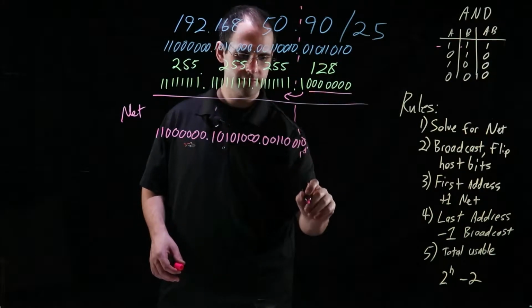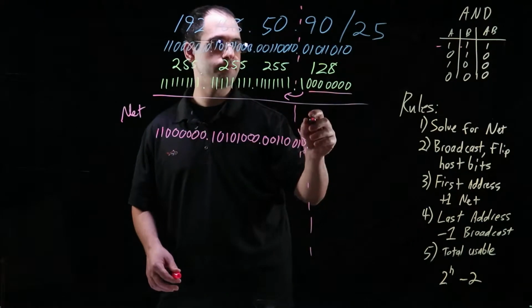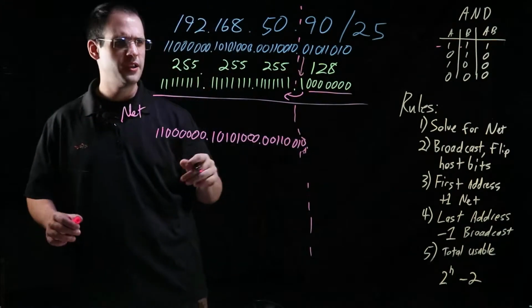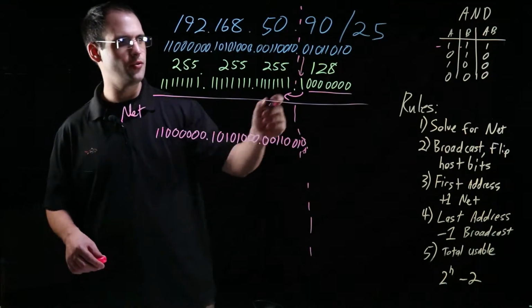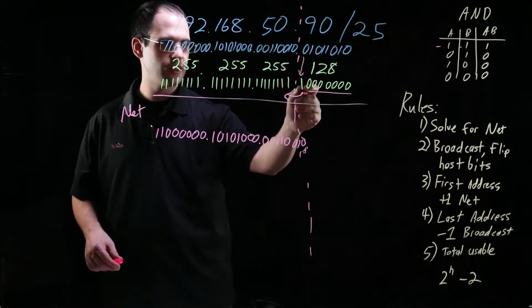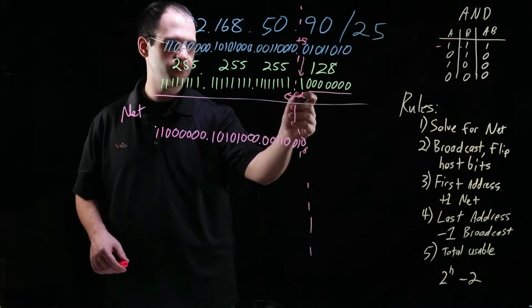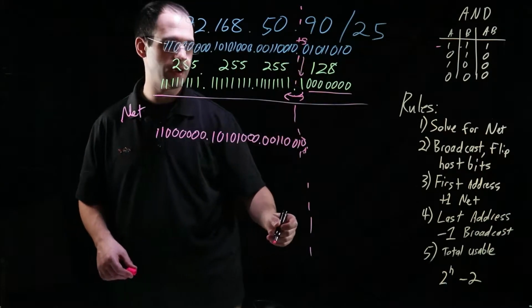this line is now shifted over by one for our network boundary.